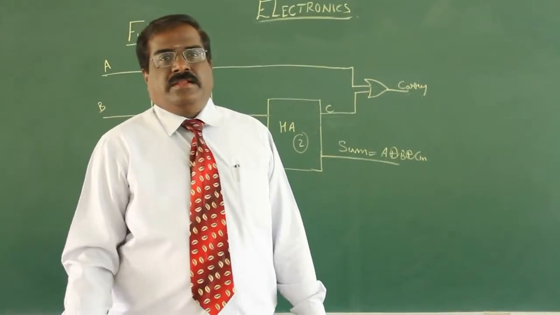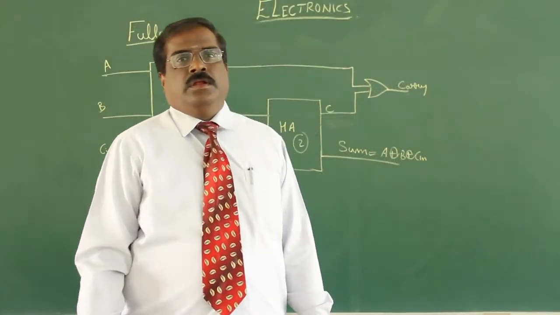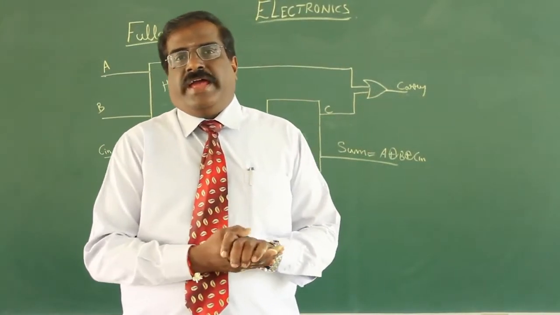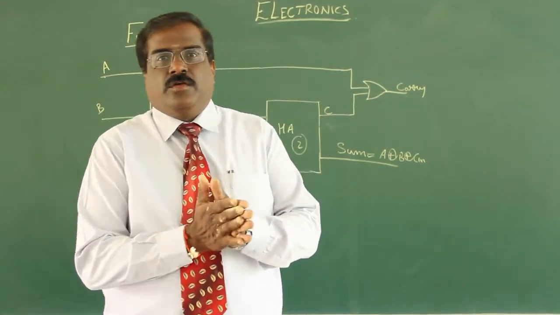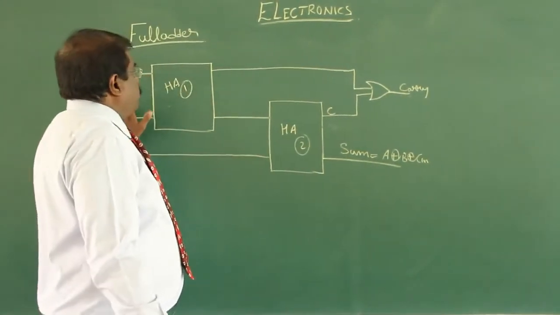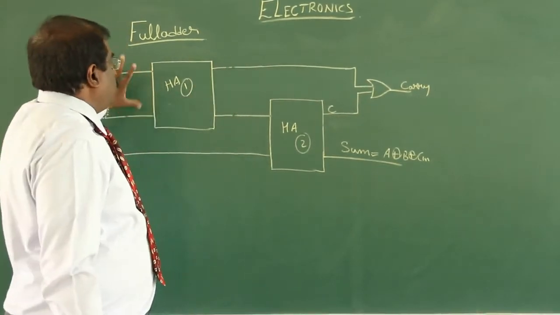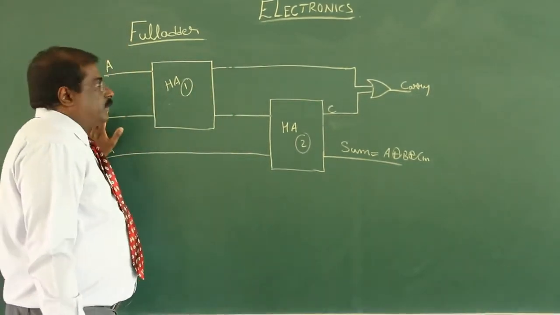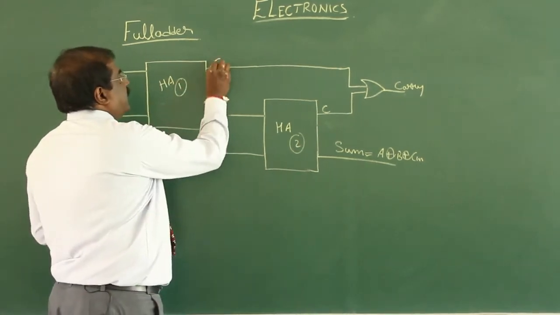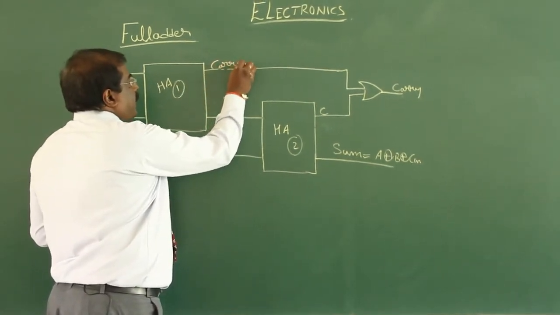Now we are realizing the full adder using two half adder block diagram. Okay, half adder which has got 2 inputs and 2 outputs. So A and B will be the input and this is the first carry and this is the sum.